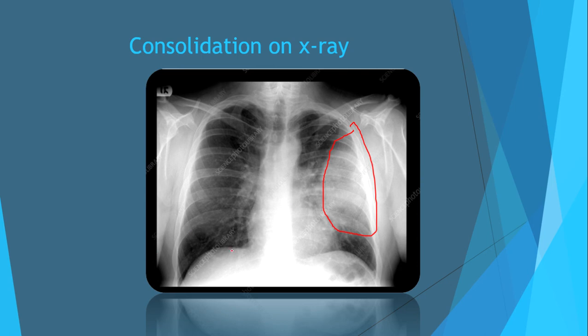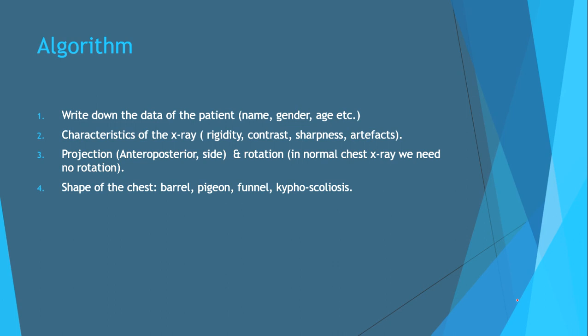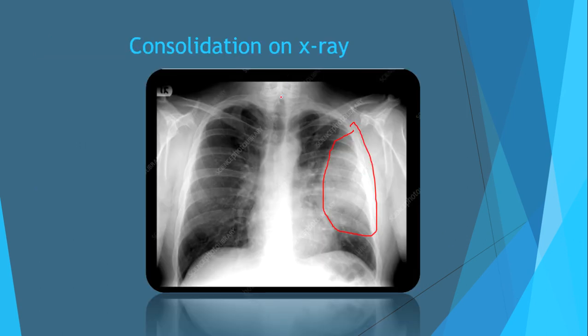If we see blur, and we don't see the normal clavicle or ribs or backbone, it's not sharp enough. About rigidity, on a normal chest X-ray, we must see 3 to 4 vertebrae with spinous processes. If we don't see this, we cannot assess the lung picture on this X-ray.